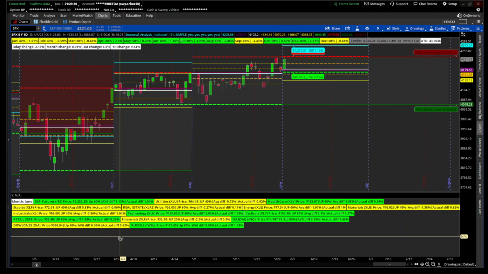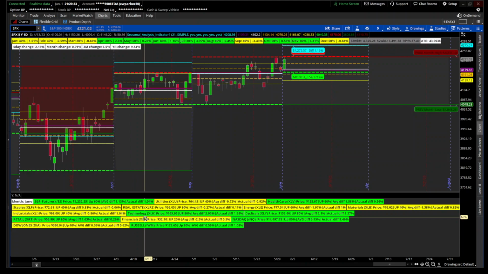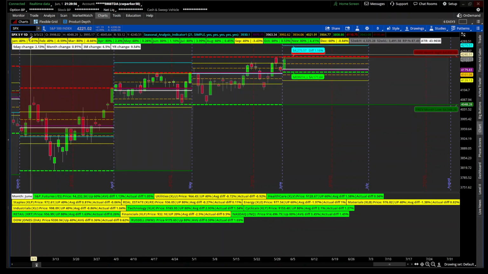And so right now we can go to technology, XLK. We can see the prices right now, and it says 80% of the time on average, the average difference is 2.93, and this is the actual difference right now. The actual shows that we're up 1.34% in the XLK.